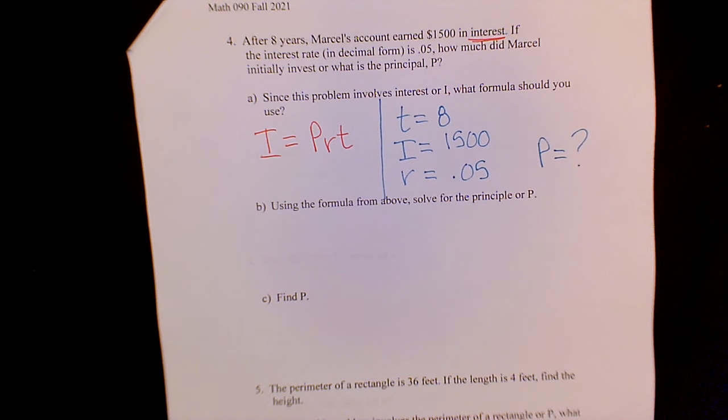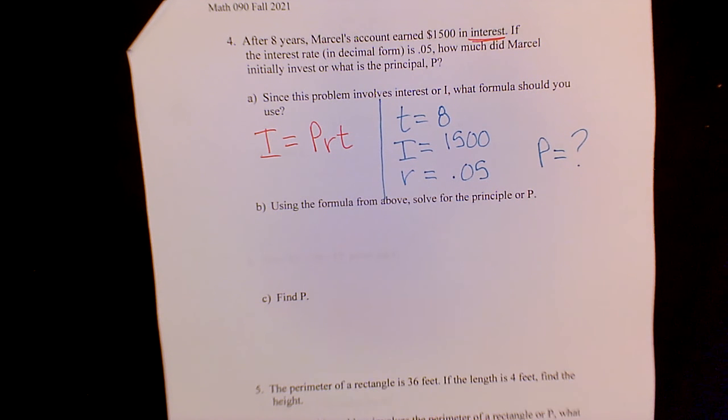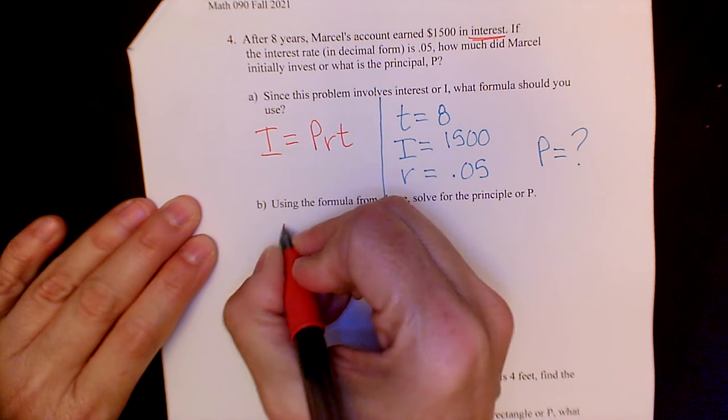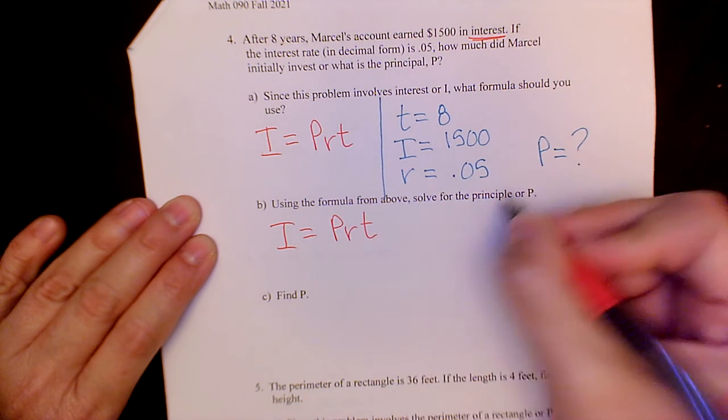So T is 8, my interest earned is $1,500, and my interest rate in decimal form is 0.05. How much did he put away in the bank or invest is the big P. So again, like we did before, I'm going to write the formula down. I equals PRT.